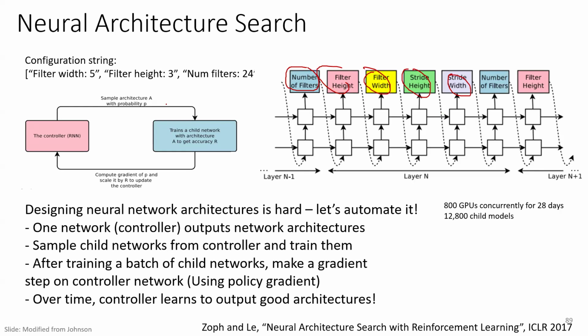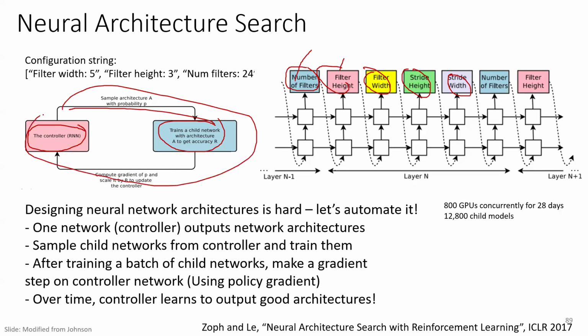But in this one, they had the so-called controller RNN, and then they trained a child network with the architecture to get accuracy R. And then after that, compute the gradient of parameters scaled by R to update the controller, and then sample the architectures like that. So those parameters they decided through this learning network.